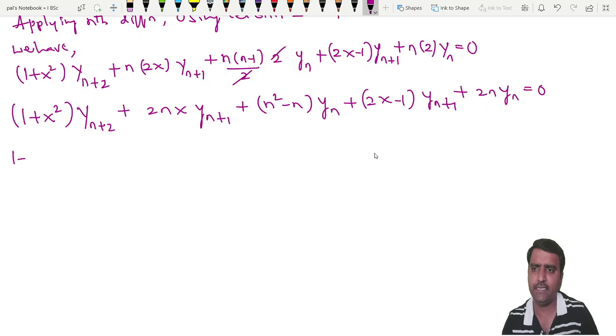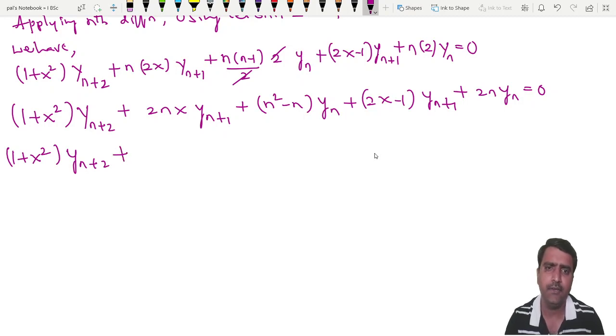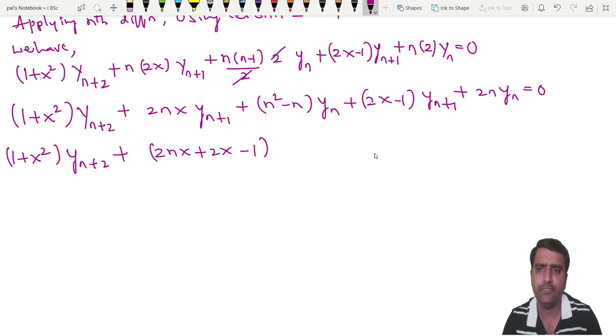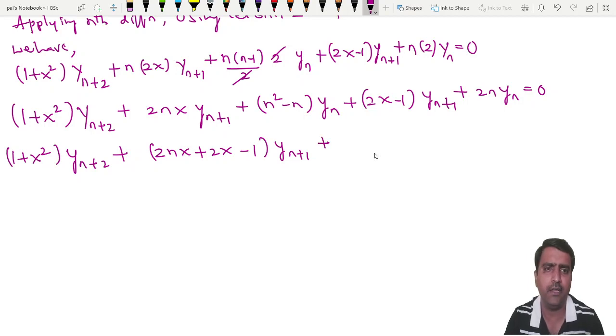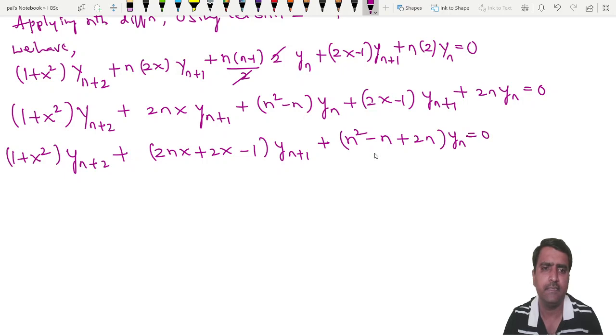In next step you write 1 plus x square into yn plus 2, plus you take yn plus 1 as a common factor, it is 2nx plus 2x minus 1 into yn plus 1, plus you take all yn as a common factor, n square minus n plus 2n into yn is equal to 0.